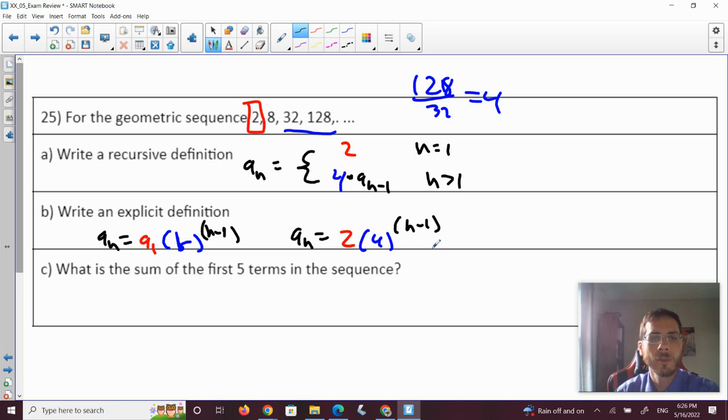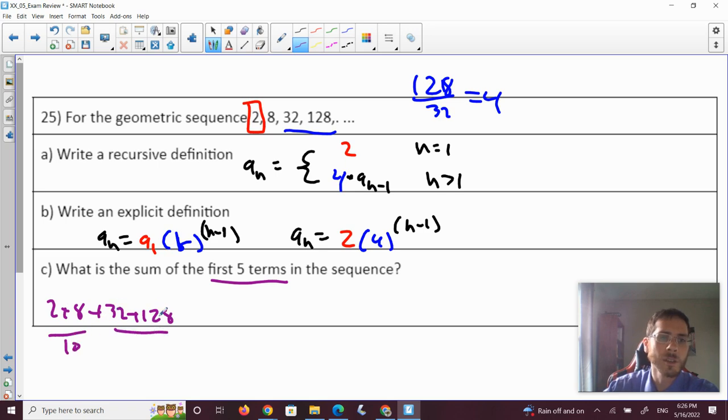For part C, what is the sum of the first 5 terms in the sequence? Now you can do this in a whole bunch of different ways, but since it's only the first 5 terms, I've got to be honest, probably just figuring out what the last one is and adding them up by hand is going to be the fastest thing to do. Because 2 plus 8 is 10, plus 32 plus 128. So this is 10, 50, 60, 160. If I know that I'm multiplying by 4 every time, the last thing I need to get is 128 times 4.